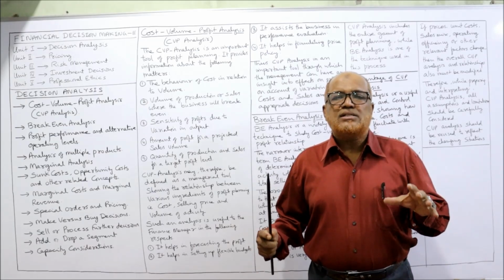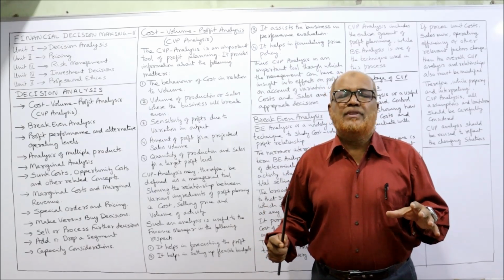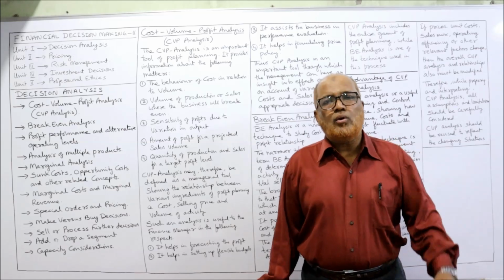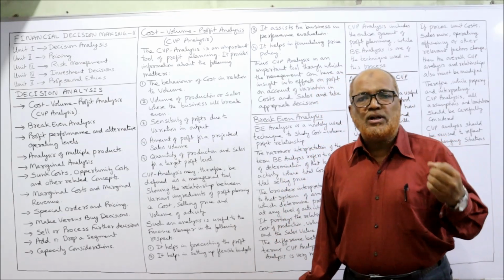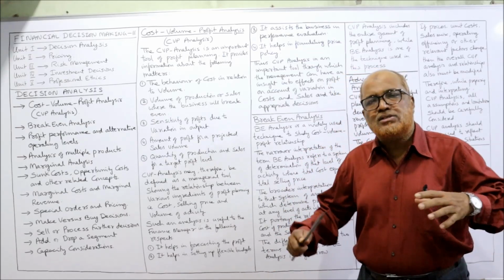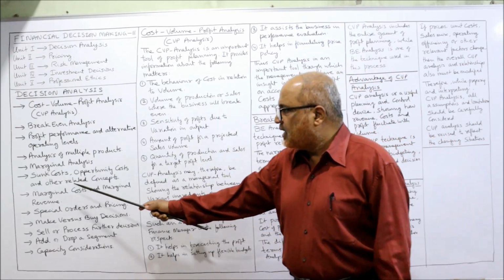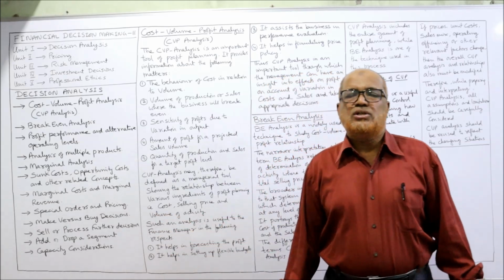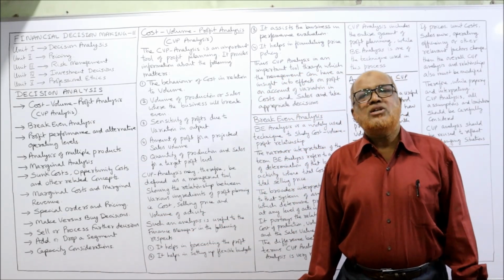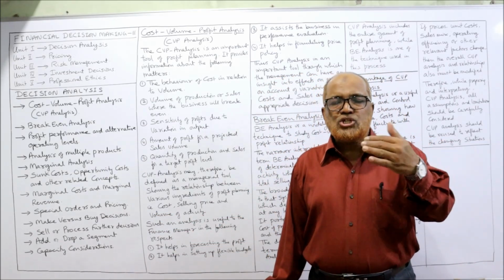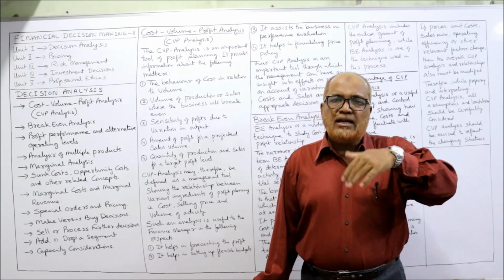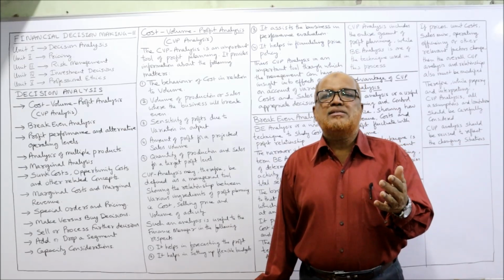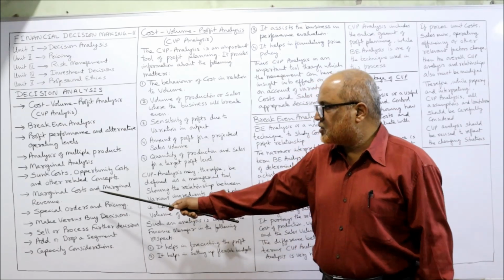So without understanding the concept, the management cannot control the cost. So I will give you the explanation about what is sunk cost, what is opportunity cost, and different types of costs. Then we have marginal cost and marginal revenue. The marginal cost means the additional cost incurred to produce one unit. Similarly, the additional revenue by selling one more unit, that is also covered.